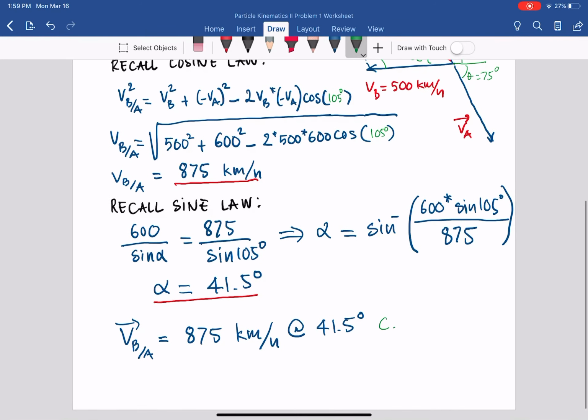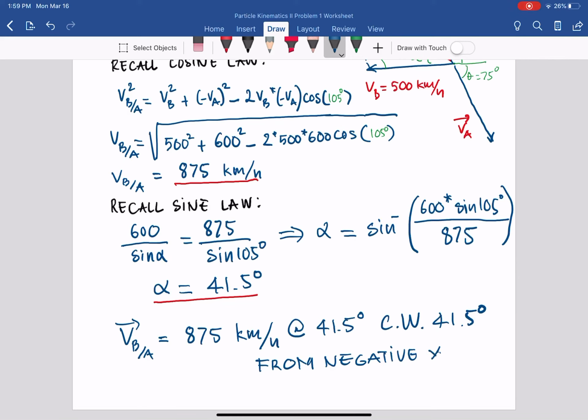So clockwise 41.5 degrees from the negative x-axis, and in this case we assume the negative x-axis goes to the left.